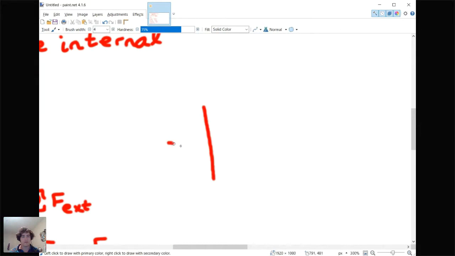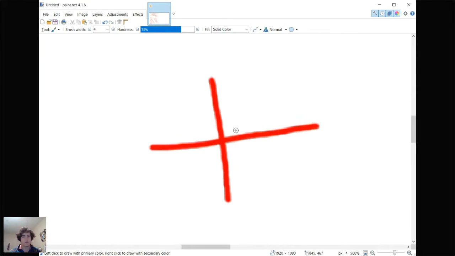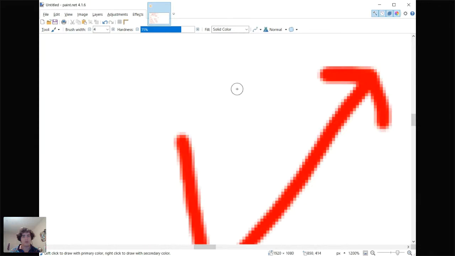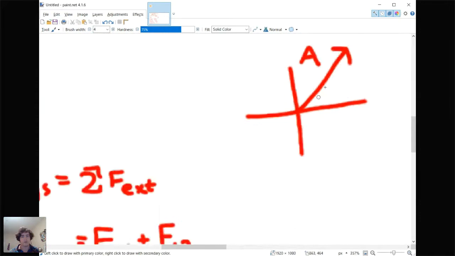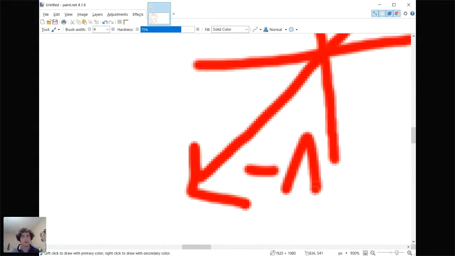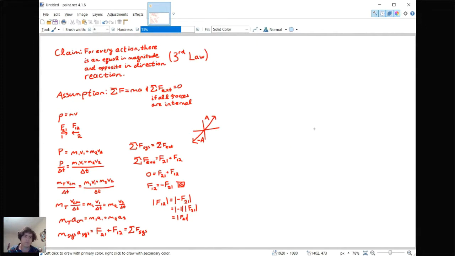If we have some vector pointing like this, we'll call that A. I won't confuse you with that notation either. The way to construct a vector pointing in the negative direction would just be to take the negative of A. So that's that.